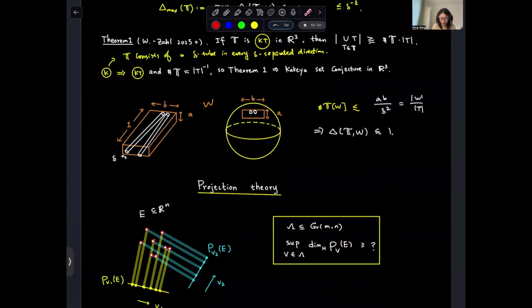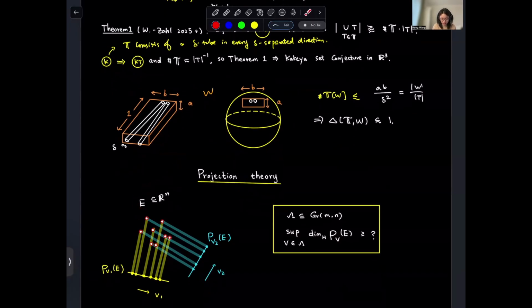What does projection theory study? Suppose we have a subset E of R^n, and we also have a collection of, let's say, m-dimensional subspaces, and P_V is the orthogonal projection from E to the subspace V. Then given a collection Lambda of m-dimensional subspaces in R^n, can we find a subspace V in our collection such that the dimension of the orthogonal projection image is large?